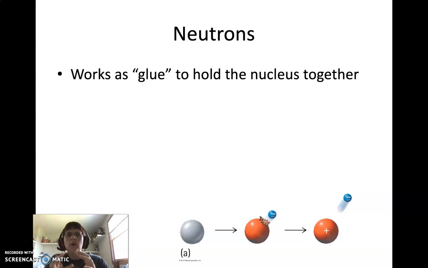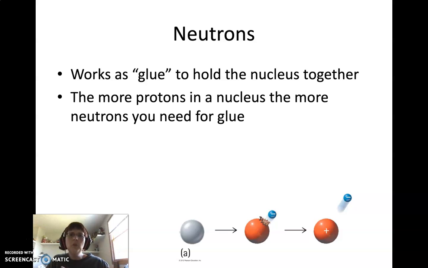They're going to keep those protons from flying apart, even though the electric force, that positive repelling force, is wanting to pull them apart. The more protons you get in a nucleus, the more neutrons you get for glue. That's why something like uranium has way more neutrons in it than protons.